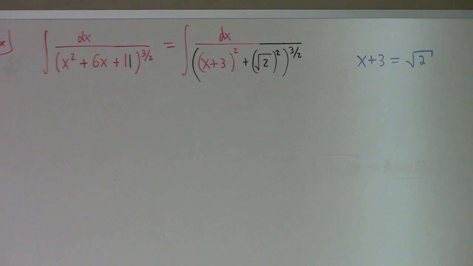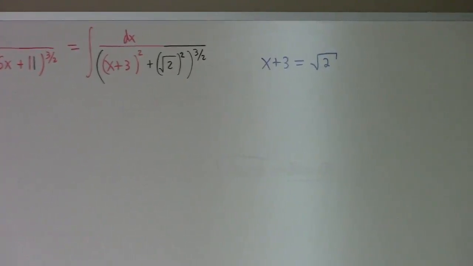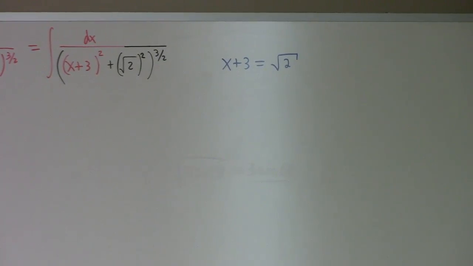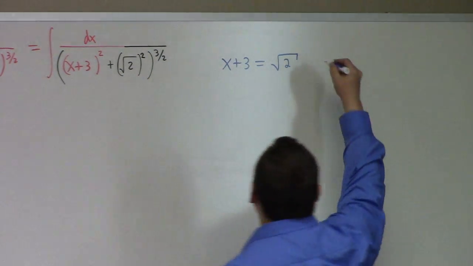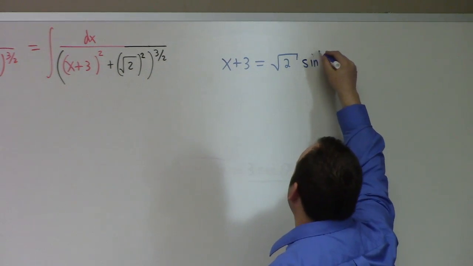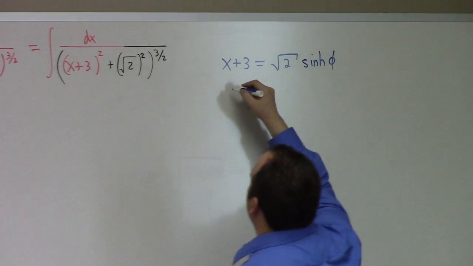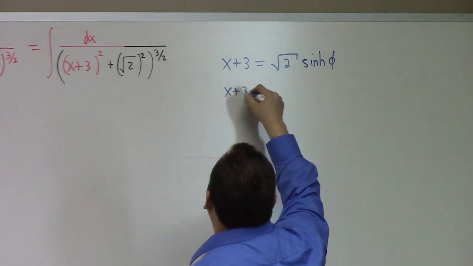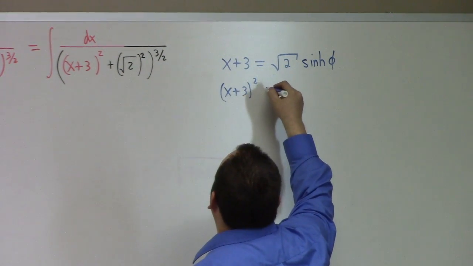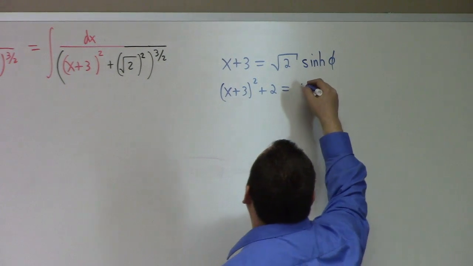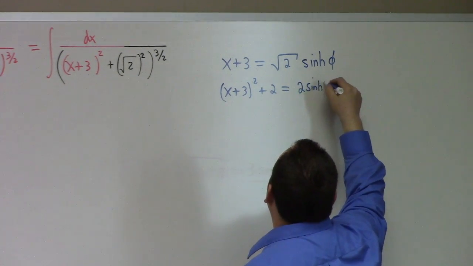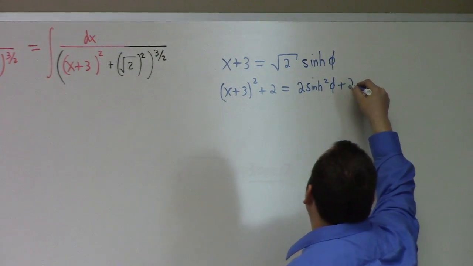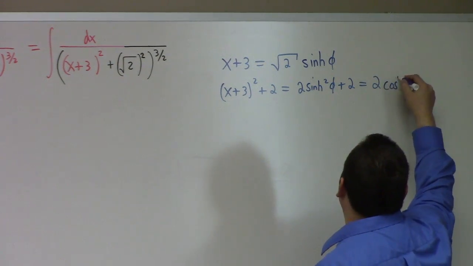Sinh, yeah. Now if we do that, then what I've got is x plus 3 quantity squared plus 2 is 2 sinh squared phi plus 2, which by the way is 2 hyperbolic cosh squared phi.